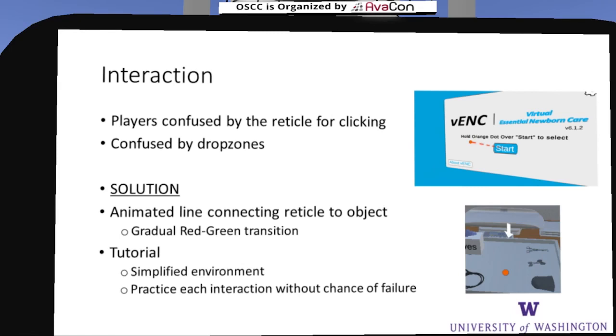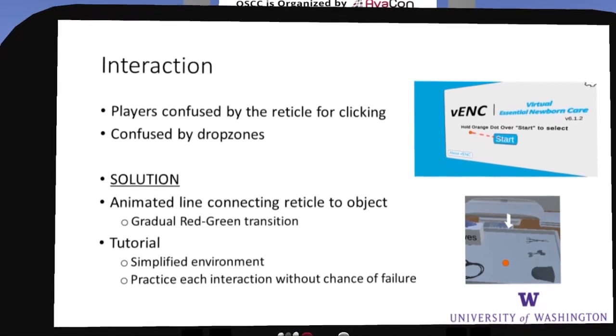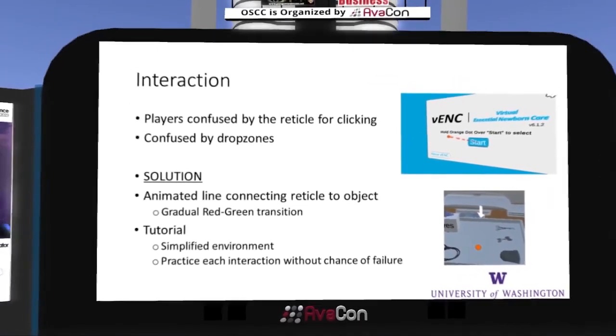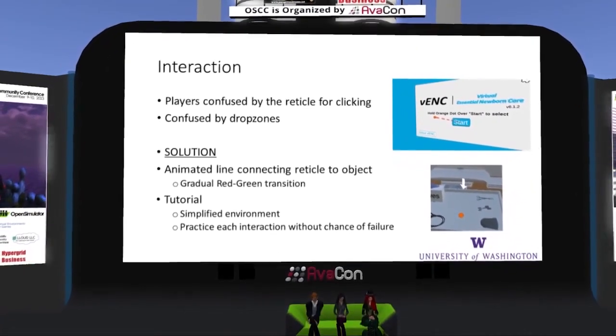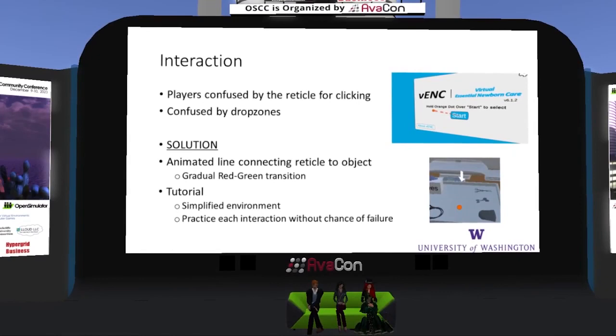So then once they got that idea of clicking, that didn't necessarily translate to interacting with objects in the actual game space. And then for grabbables, they could pick it up, but then they continued to be confused by the idea of how to drop it down. They didn't understand what these drop areas were.